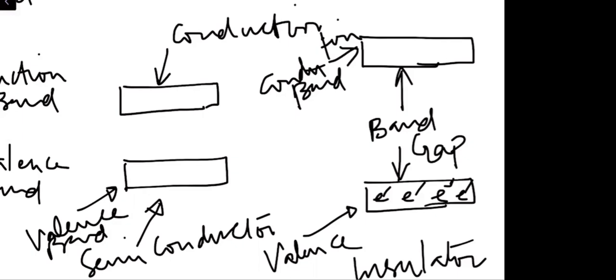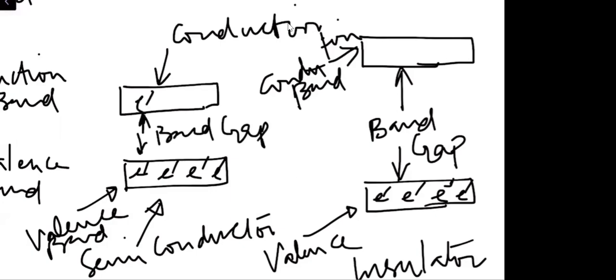So due to that, whenever some external energy is being applied to the semiconductor, these electrons which are available in the valence band are able to overcome the band gap and they can move to the conduction band over here, right?